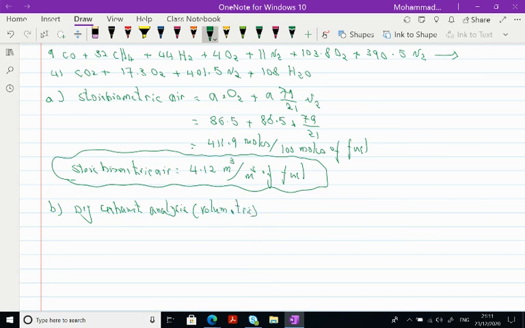So what we need to do is make a table, and in the first column we are going to have the dry product, which is CO2, and then O2, and N2, and then the total.